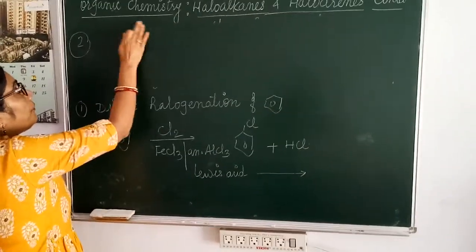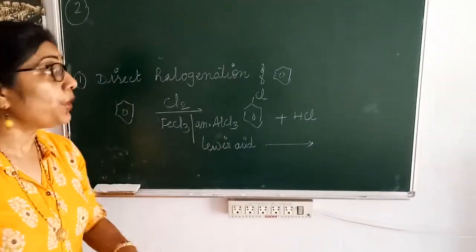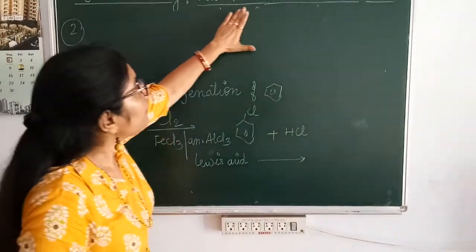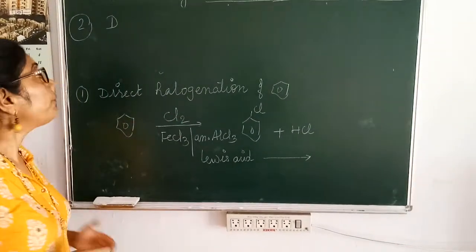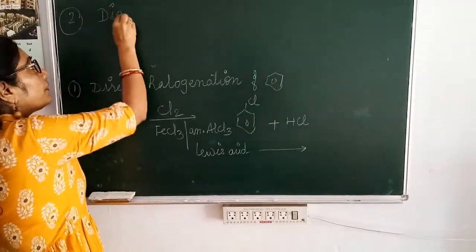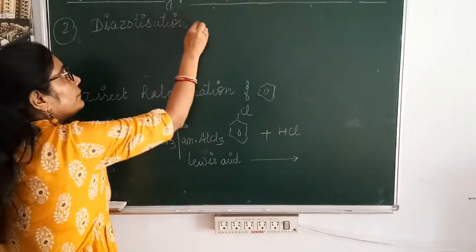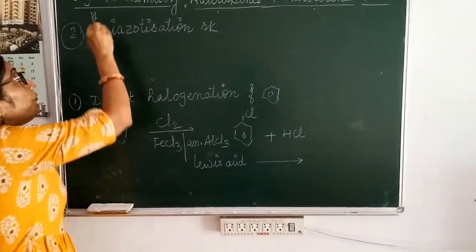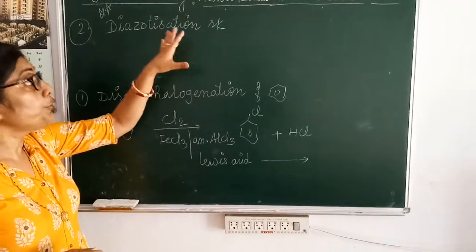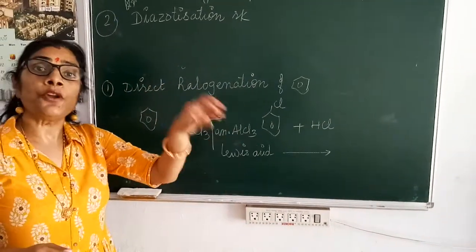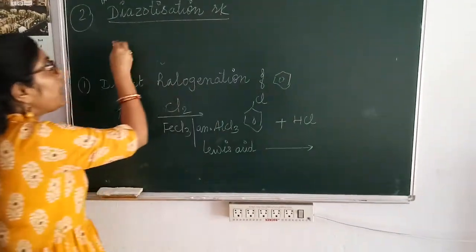Second reaction is from diazonium salt, that is benzene diazonium chloride. But before we start the reaction, first of all, how do we prepare the diazonium salt required for this purpose? It is prepared by the diazotization reaction. This reaction is very important. Till the end of organic chemistry, you are going to use this reaction, and diazonium salt also is a very important starting material. So what is the diazotization reaction?